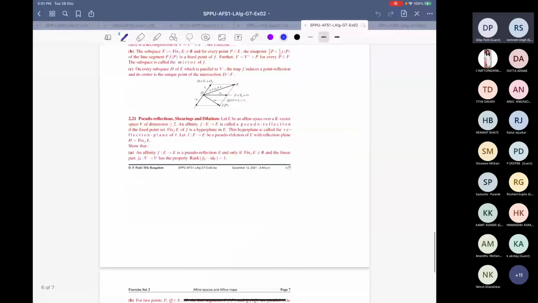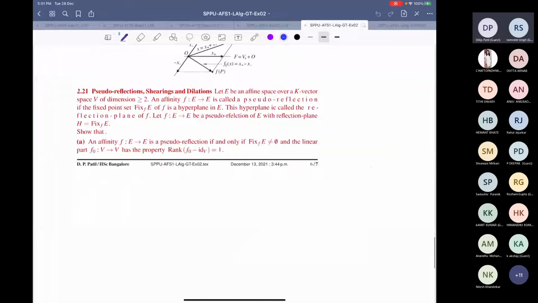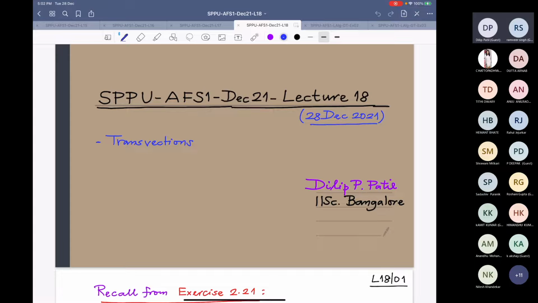I think you have not looked at it, namely the pseudo reflections. I want to study the pseudo reflection more precisely, and the group generated by it. This is a very easy geometry, so I will also do geometry, but I will do more of the algebraic part today so that you are more comfortable.